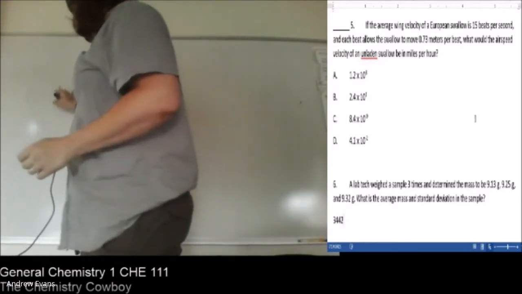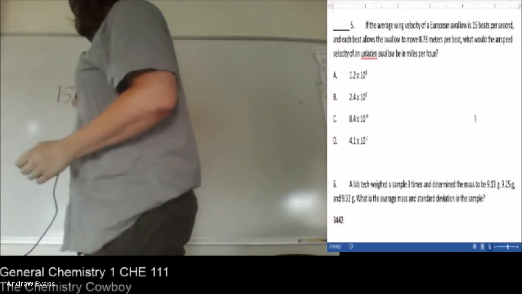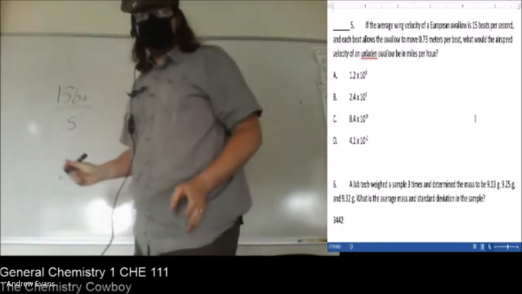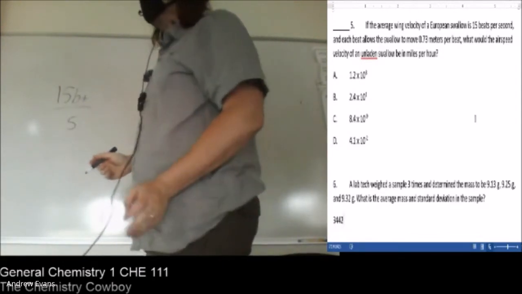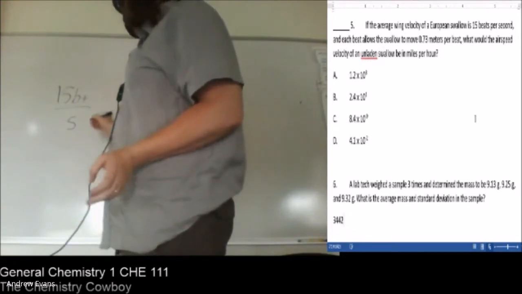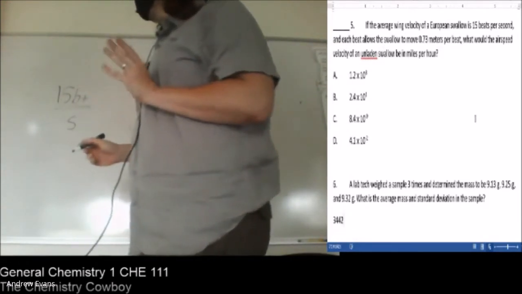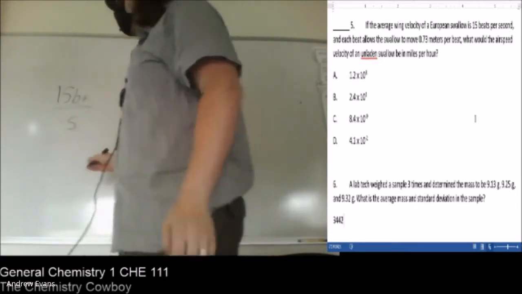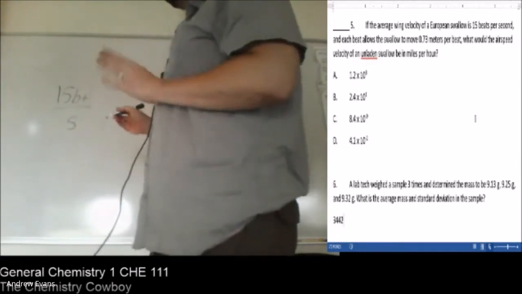I'm setting up the first part of the equation for 15 beats per second. No, we're not used to seeing beats as a unit, but that's okay. And we are going to use the meters per beat to get this into meters per second. So am I going to multiply? Am I going to divide?